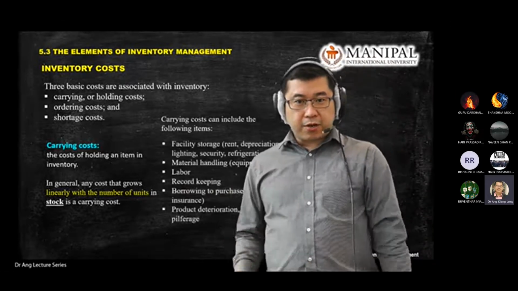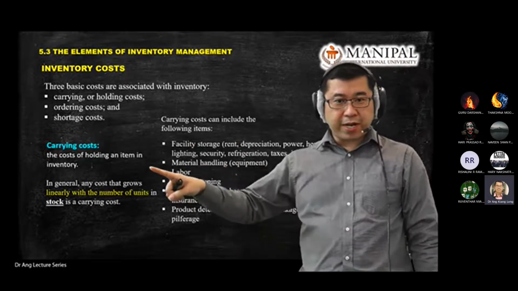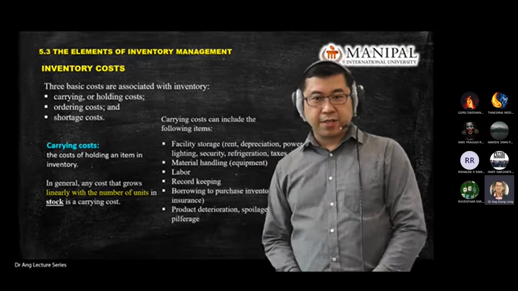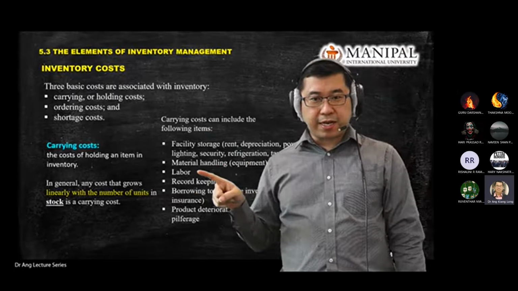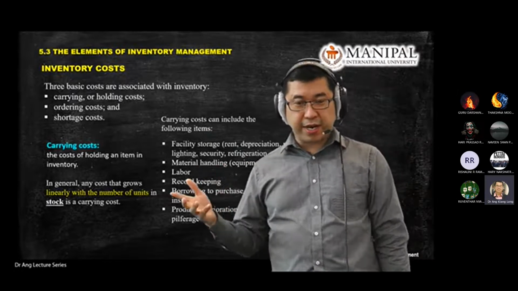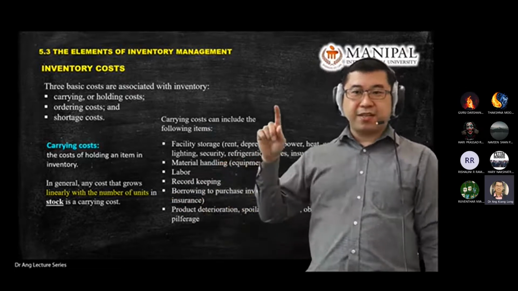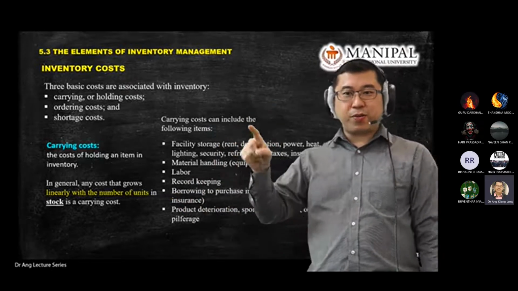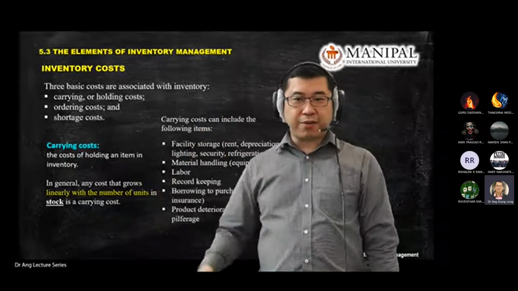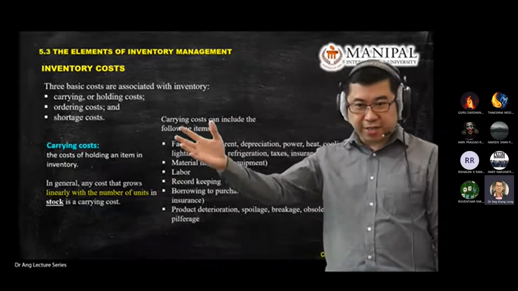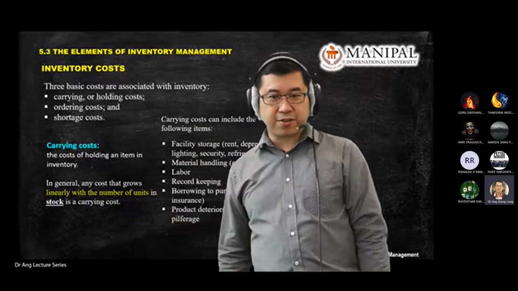Okay, so these are all the examples that you can find in inventory that fall under carrying costs. For example, labor. Labor is also a carrying cost, because for the number of workers in your production plant, you can calculate, right? One worker, 1 hour, 50 ringgit, multiplied by 50 workers in that particular day, then it falls under carrying cost.